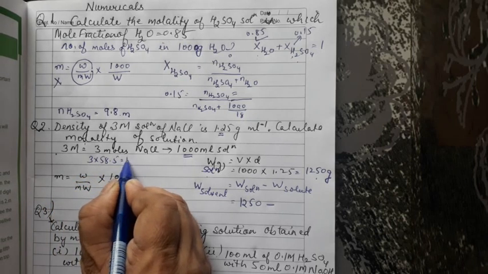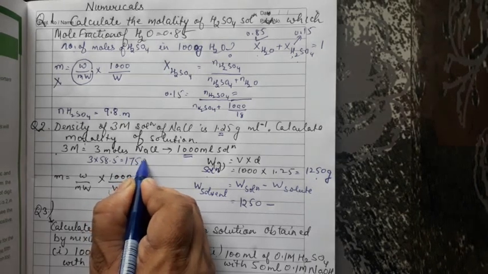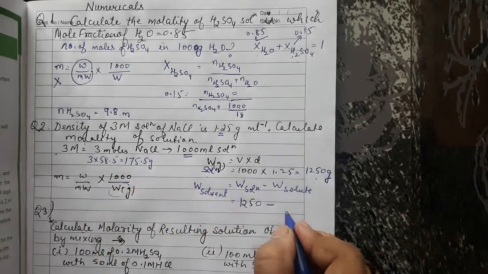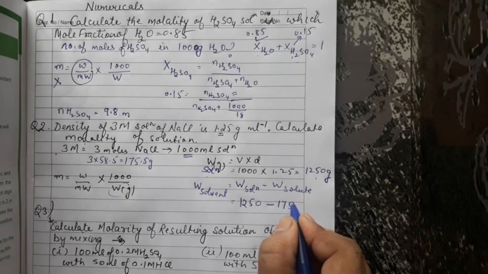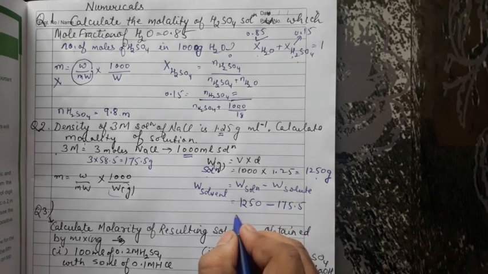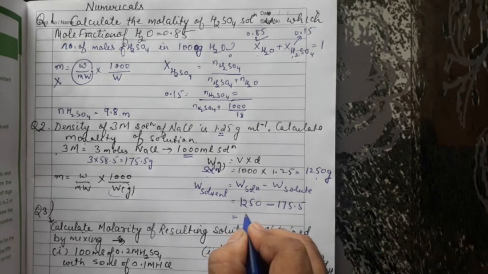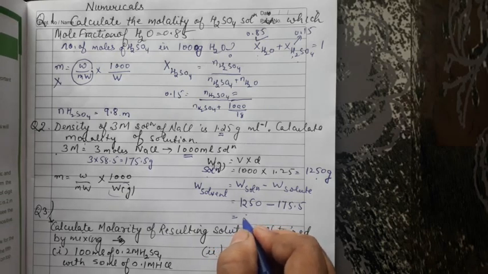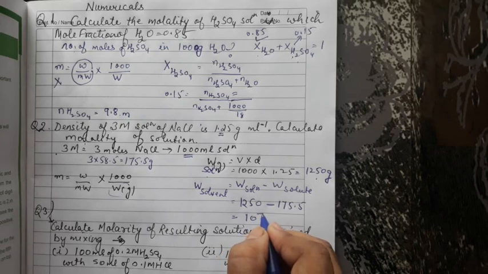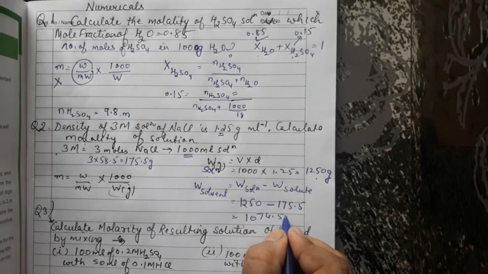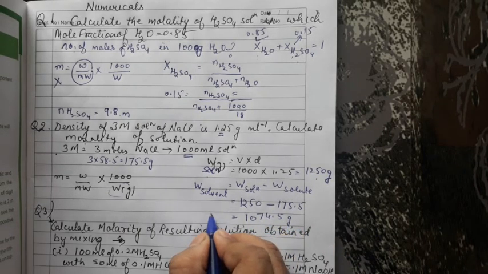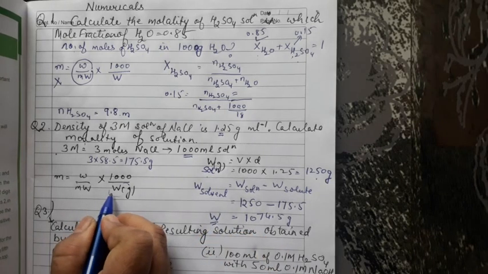If I solve, this comes out to be 175.5 grams. So this I am going to subtract, 175.5. I subtract, then I will get the answer here in terms of grams 1074.5 grams. This is my capital W now. This is the weight of the solvent to be used in this formula now.